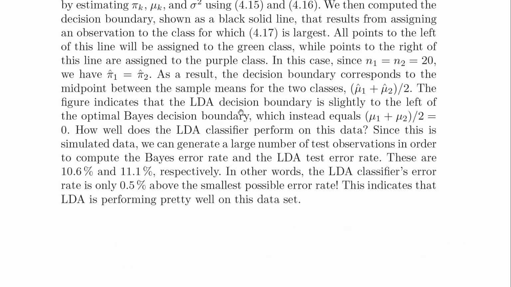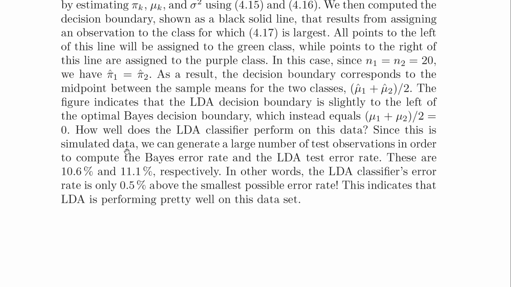The figure indicates that the LDA decision boundary is slightly to the left of the optimal Bayes decision boundary, which instead equals this. How well does the LDA classifier perform on this data? Now we're looking at something similar to what we had in chapter 2, like mean squared error, but the training error.